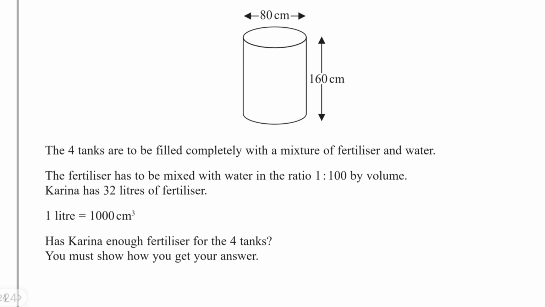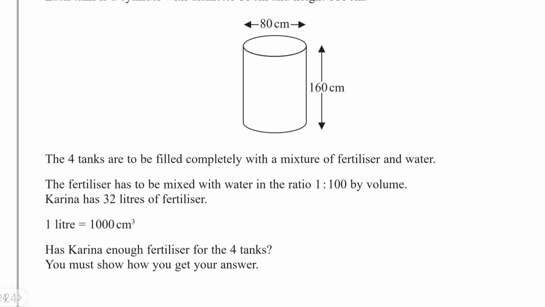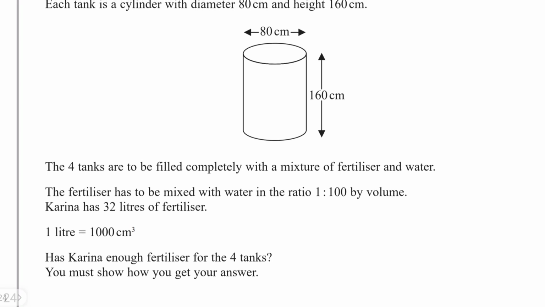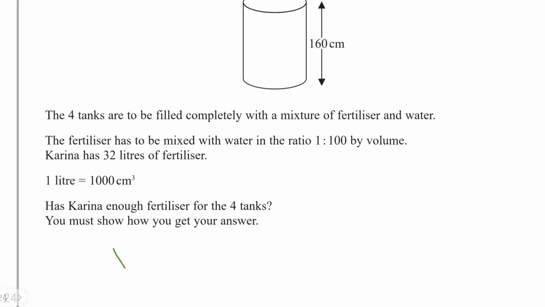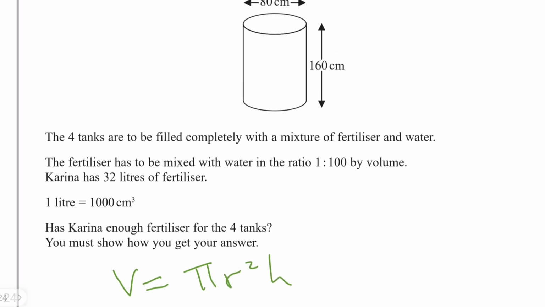Okay, so first of all we need to find the volume of one tank. The formula for the volume of a cylinder is pi r squared h. In this case, since the diameter is 80, the radius has to be half of that, which is 40. So the volume is pi times 40 centimeters squared times 160.